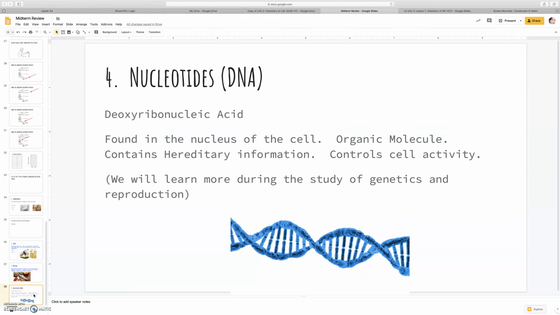Last but not least, we have nucleotides. Nucleotides are organic. It's DNA. Your DNA, the reasons why you look the way you do, why you even exist, is because of this magnificent, miraculous compound called deoxyribonucleic acid. So nucleotides.